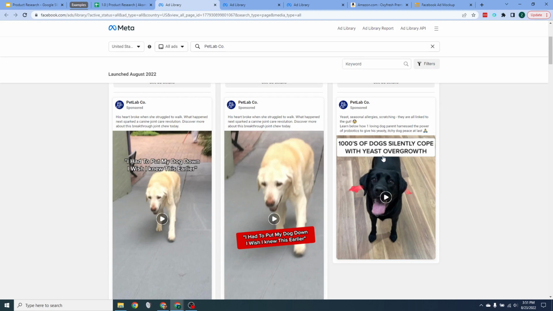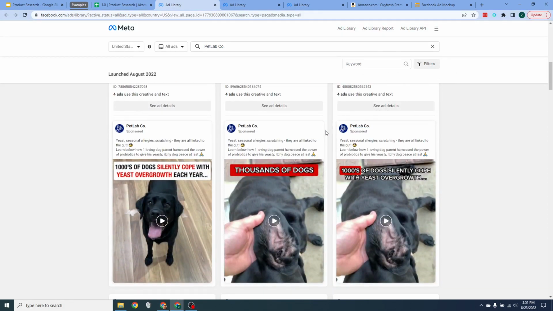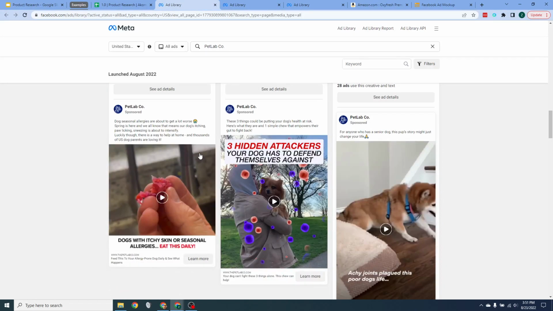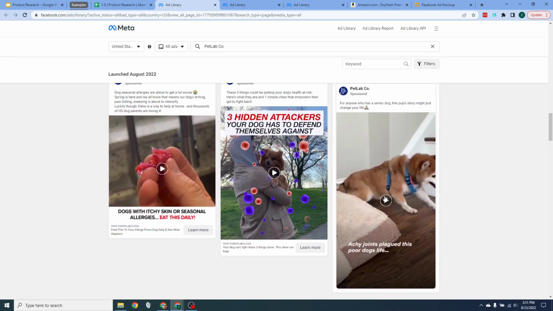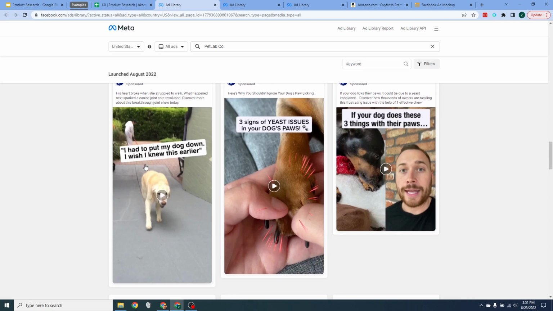Thousands of dogs silently cope with yeast overgrowth. Okay, so they run a lot of different products. It's probably going to be hard to find something to use here, but yeah, you could see all of these are taking like a pain point based angle. Itchy skin, achy joints. So pet owners are probably very motivated by helping to ease their pet's discomfort, which makes sense.